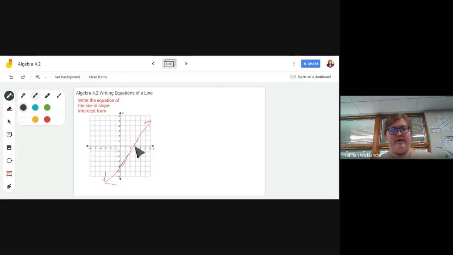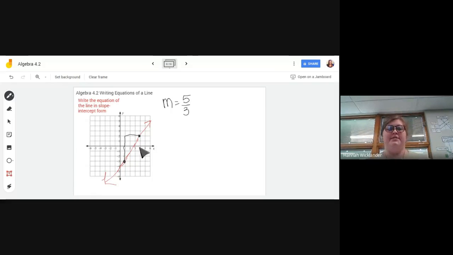So what you can do here is like we did before and found slope on a graph. You can pick 2 points and find your slope, so rise over run. So 1, 2, 3, 4, 5, 1, 2, 3. So my slope is 5 over 3, or 5/3.